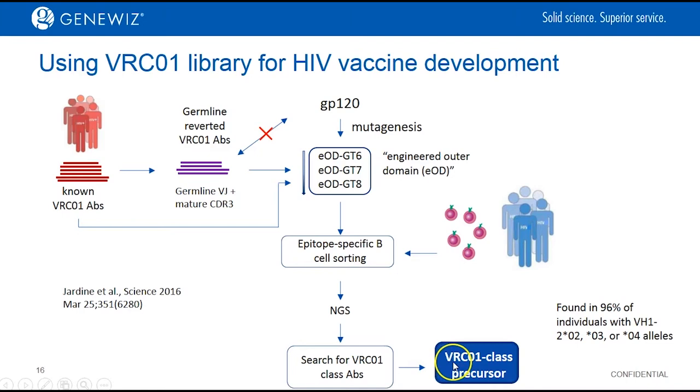And they did identify the VRC01 class precursor, which according to their estimation is found in 96% of individuals with certain germline alleles. Of course, such a precursor is a very attractive target for vaccination.